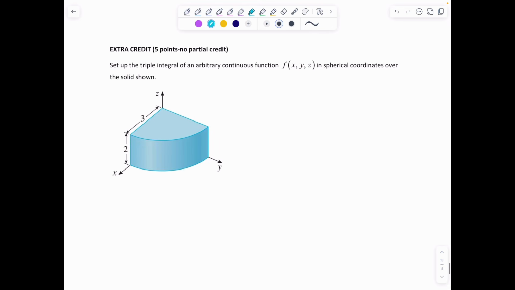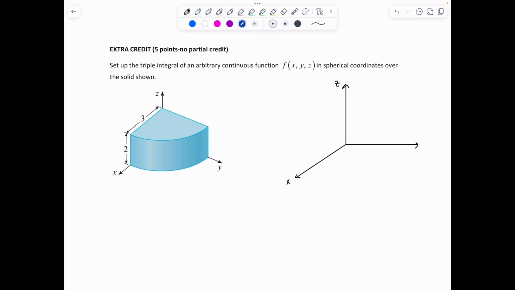Set up a triple integral of an arbitrary continuous function in spherical coordinates over the solid shown. So let me redraw the solid over here, and I'll make it transparent because I think that's helpful. Here we go.